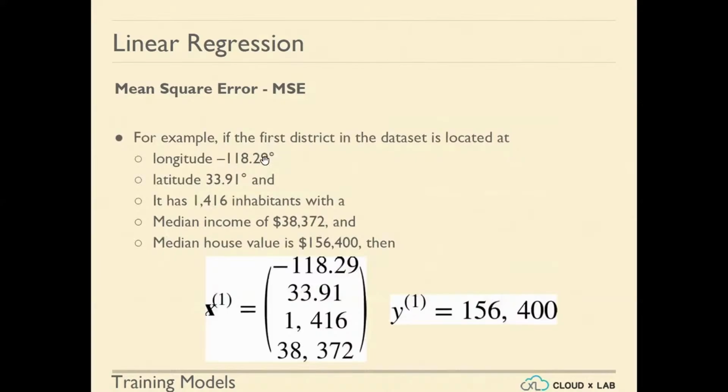So this is the first data point, and these values are for the first data point, so in superscript we are using 1, right? Okay, so if you want to predict the median house value, this is the output value. And what are the input values here? These values are the inputs: first feature, second feature, third feature, and fourth feature. So we will have a vector of size 4 cross 1.